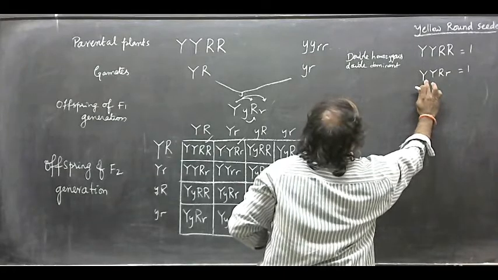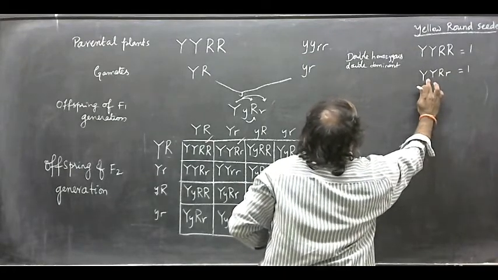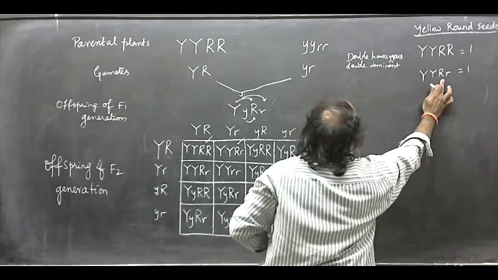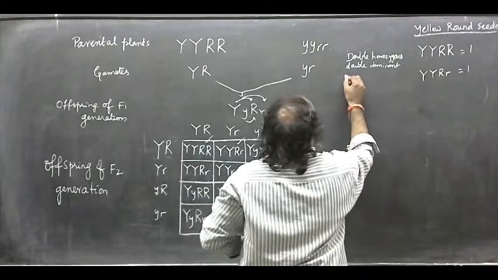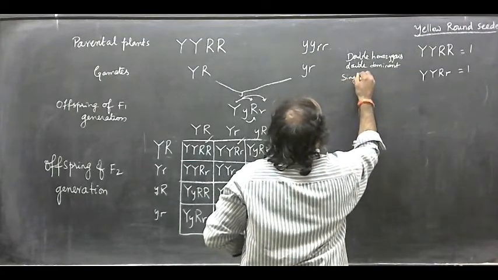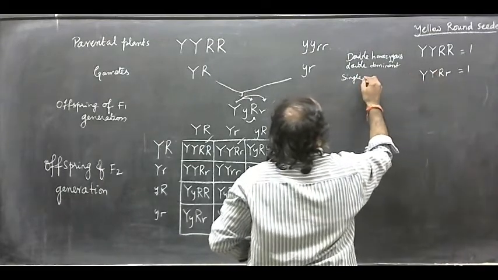But it is not double homozygous, it is only single homozygous. This is homozygous, this is heterozygous. Therefore you can write single homozygous or single heterozygous, both are the same.